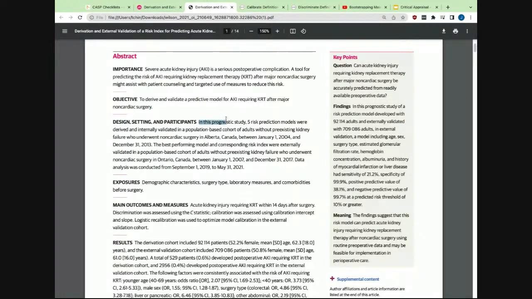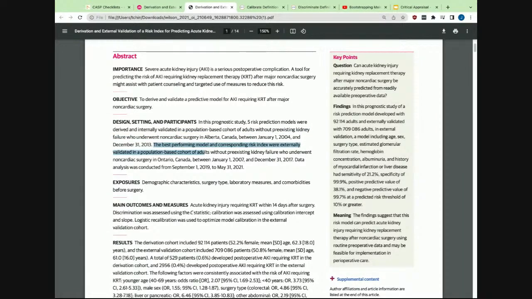In this prognostic study, 5 risk prediction models were derived. So they use 5 models, they derive them, and then they validated in one cohort of adults without pre-existing kidney failure who underwent surgery in Canada. Then they chose the best performing model.